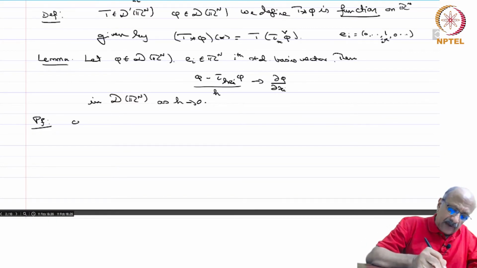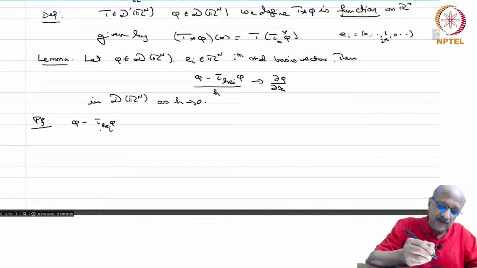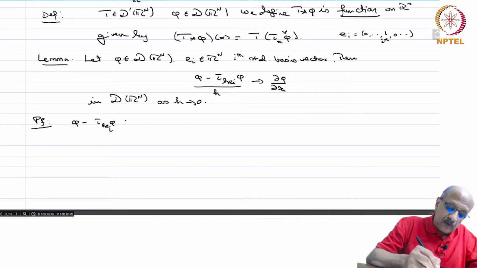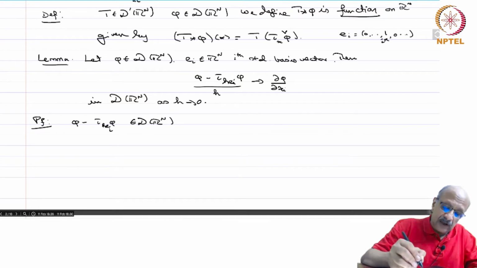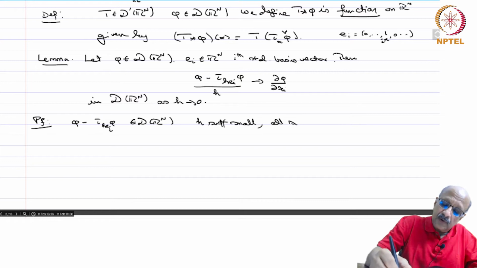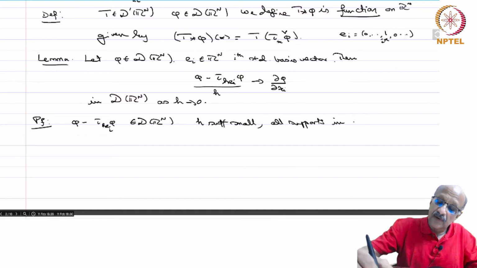Phi minus tau h e i of phi is just a translation of phi by h e i, h is a real number, and therefore these are all D of Rn functions, and so this belongs to D of Rn, no problem, and if h is sufficiently small, all supports lie in a fixed compact set.